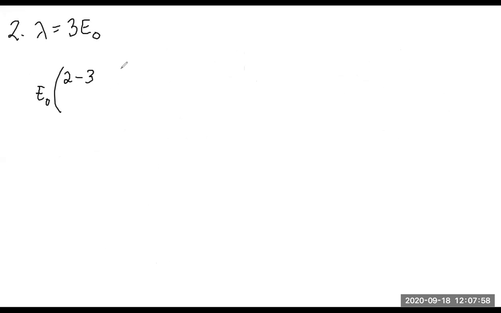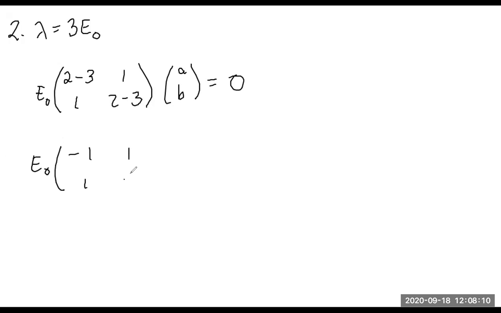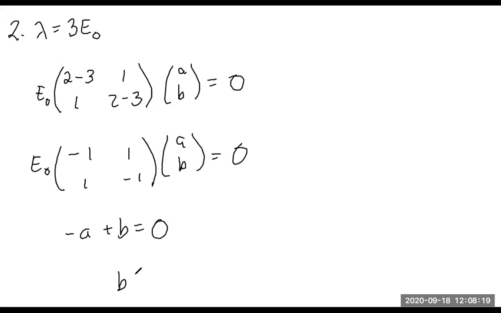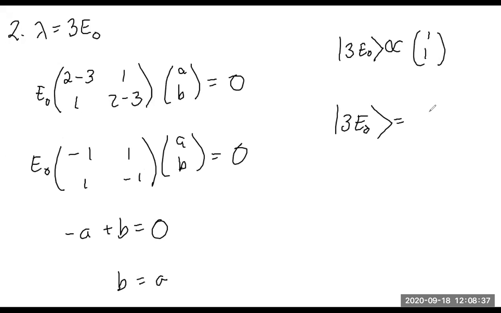I have 2 minus 3, 1, 1, 2 minus 3, times the vector A, B equals 0, or E naught is minus 1, 1, 1, minus 1, A, B equals 0, or minus A plus B equals 0, or B equals A. So this is the eigenvector of 3E naught, proportional to 1, 1. The normalized version here is 1 over the square root of 2, 1, 1.